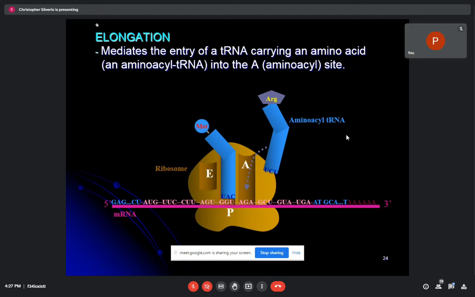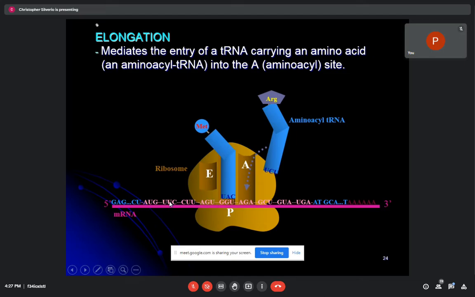You just look at the messenger RNA. What happened to the UUC? What happened to the CUU? What happened to the AGU? What happened to the GGU?